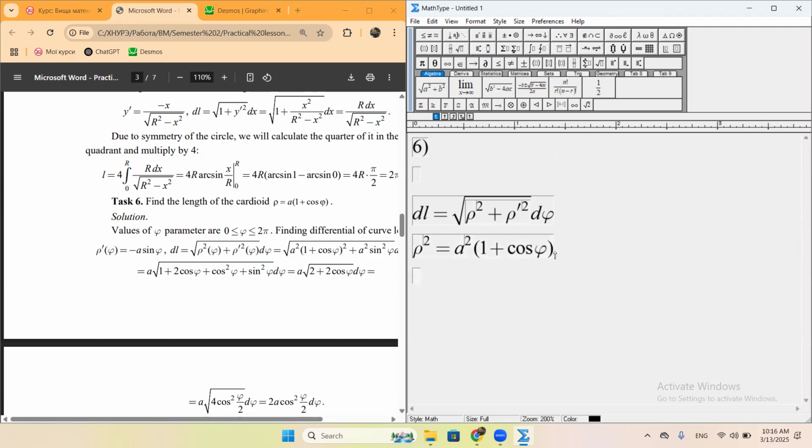Rho prime equals minus a sine of phi. Then rho prime square equals a square sine square of phi. Let's add these values.